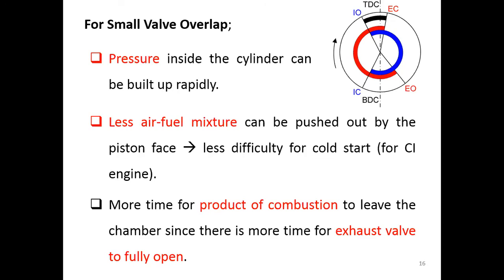Cold weather will affect the starting of the CI engine, so you can help it a little by having more fuel air mixture in the cylinder when it flows in because of the small valve overlap here.